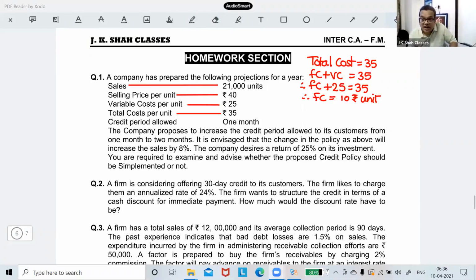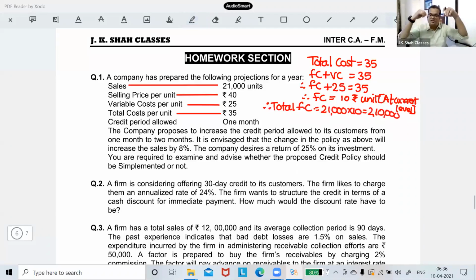I always say this is at current level. Correct, friends? What is the current level? The current level is 21,000 units. Therefore, total fixed cost would be 21,000 units into 10. That is how much? 2 lakh 10,000. See this point I've been emphasizing every now and then, right?